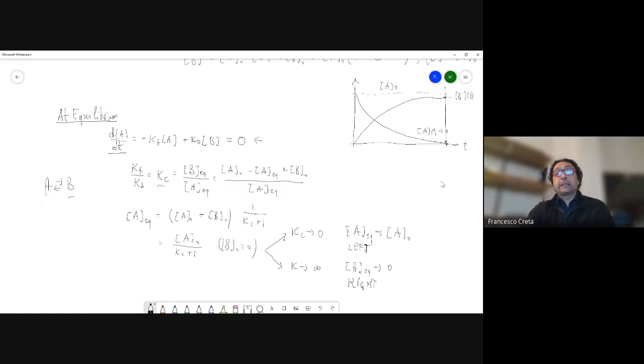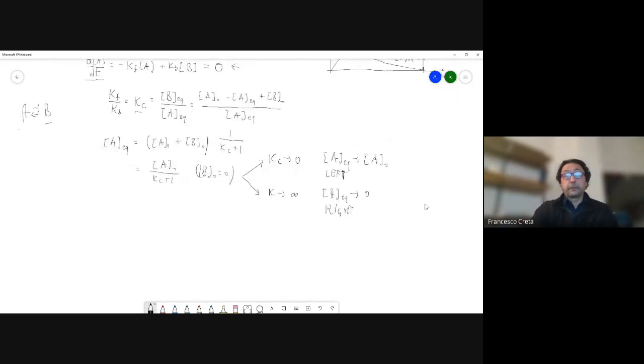You can see this, just playing around with these things once again, in terms of the progress variable as well. It's rather easy to see. So remember that we wrote the progress variable as Na minus Na0, and then this was 0 minus 1.